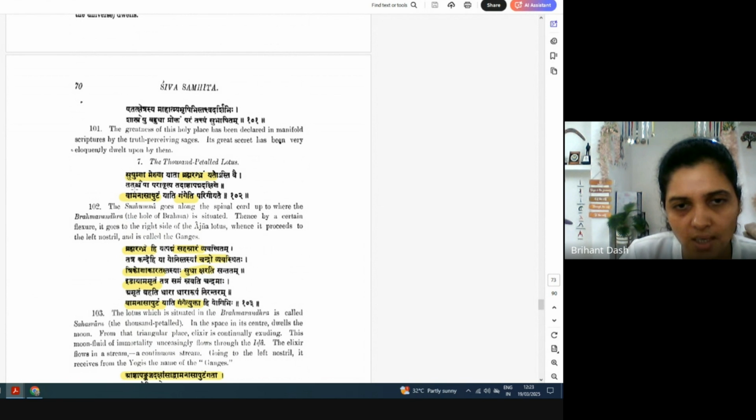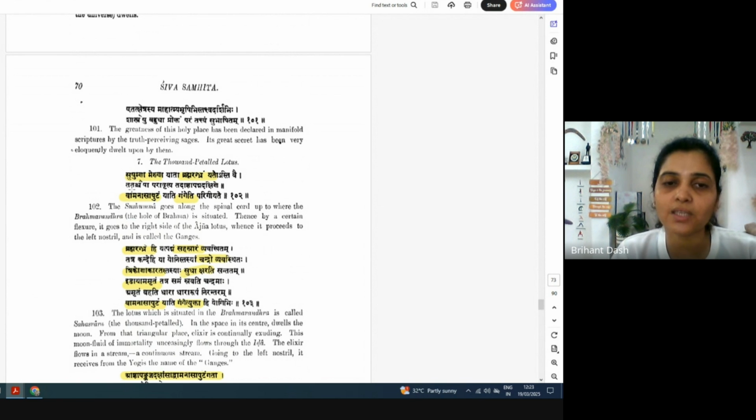Now, we read in Shiv Samhita that they had given the right nostril as your Ida and the left nostril as Pingla earlier, when the text was describing your nadis. But here is a discrepancy within the shloka itself. Now they are saying Vamanasa Pote, what we usually remember, that Vam means the left nostril is your Ida Sthan.